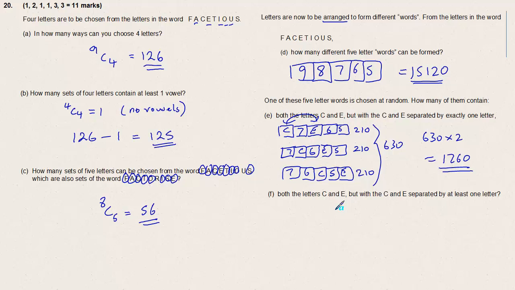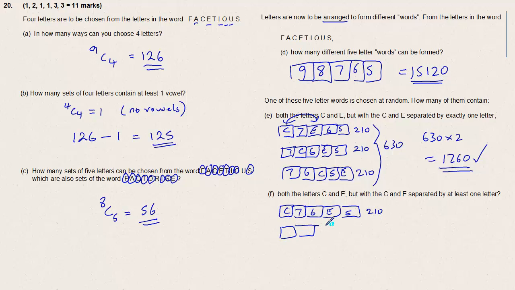Both the letters C and E, but with the C and E separated by at least 1 letter. So that's 1 or more. So we've already got the answer to 1 from up here. So we could separate them by 2. So that would give me C, 7 choices, 6 choices, E, 5 choices, and that gives me 210 as well.